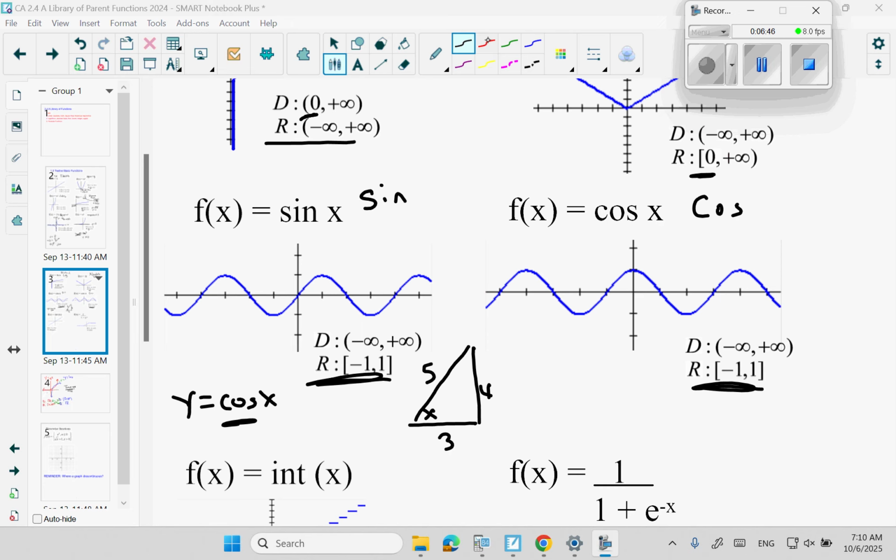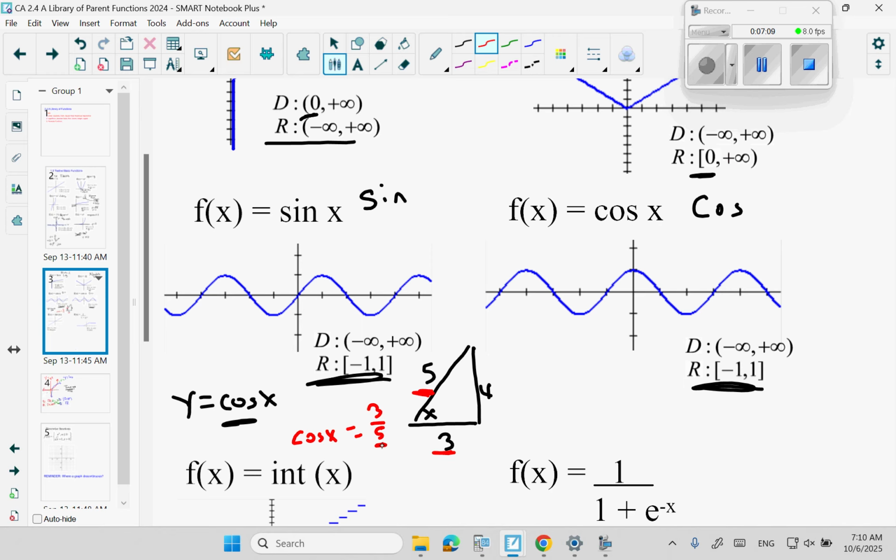Well, if I were trying to find cosine of x, it would be adjacent over hypotenuse, 3 over 5. Well, conceptually speaking, what side of the triangle is always going to be the biggest? My hypotenuse.